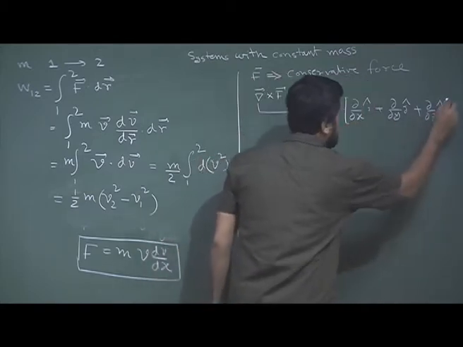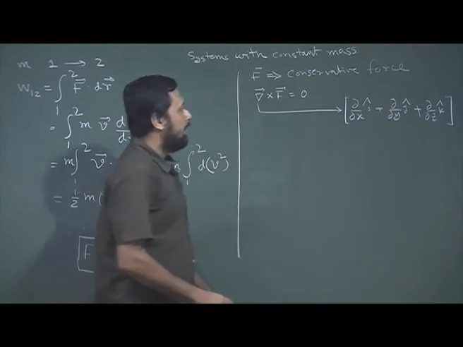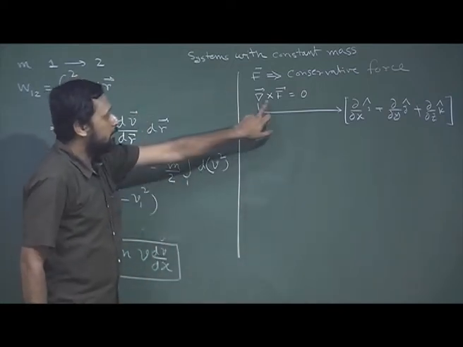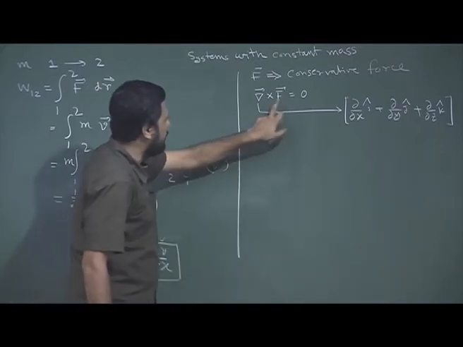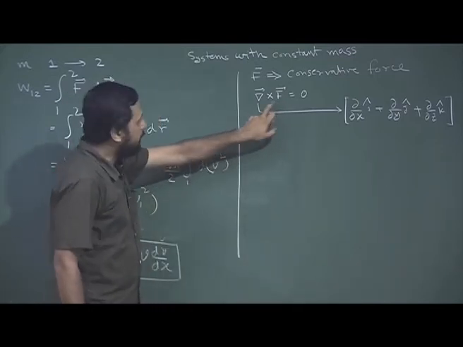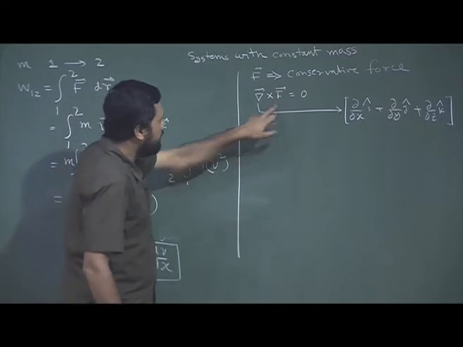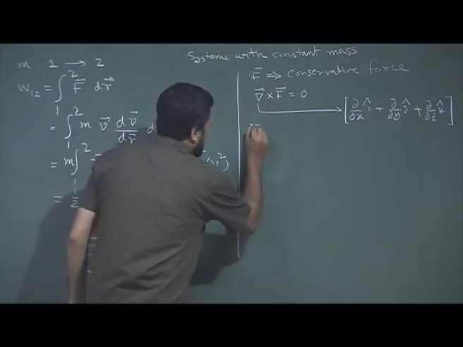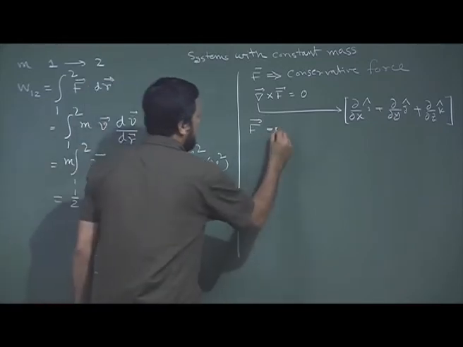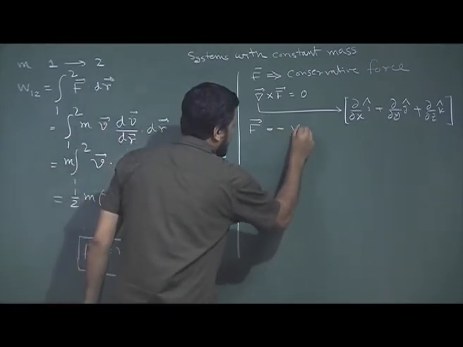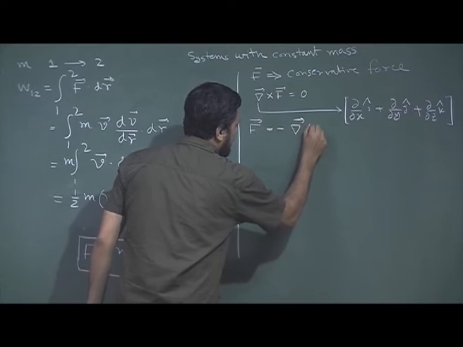So, it is essentially a vector operator, and this particular operation is the curl operation, which is a cross product between this operator and this force field F. Now, this will be true if and only if force F can be written as negative gradient of some scalar field phi.